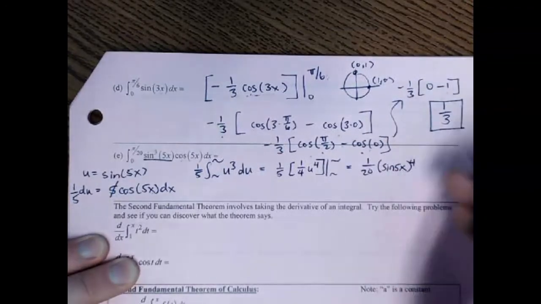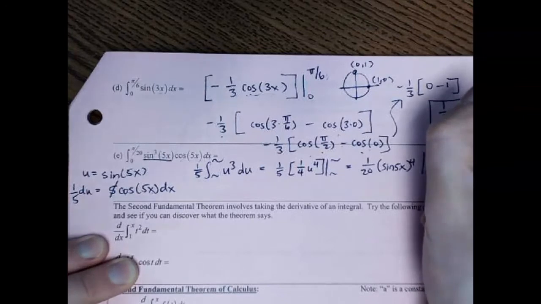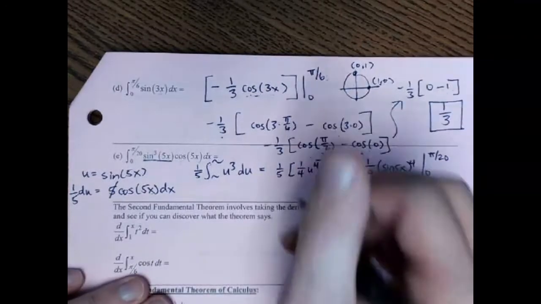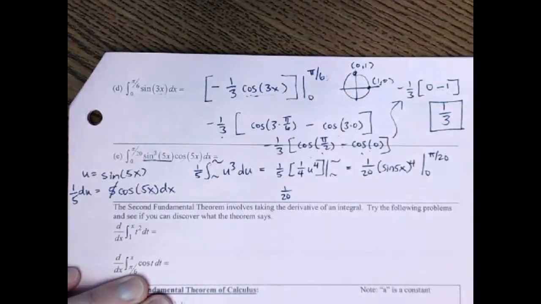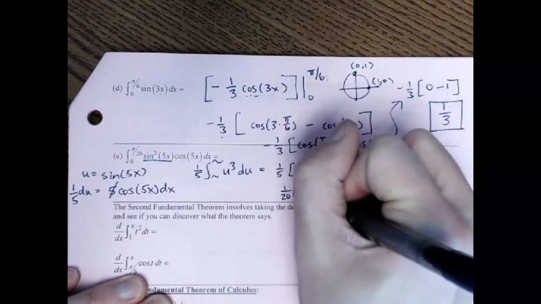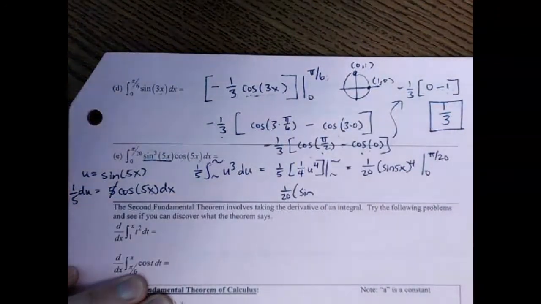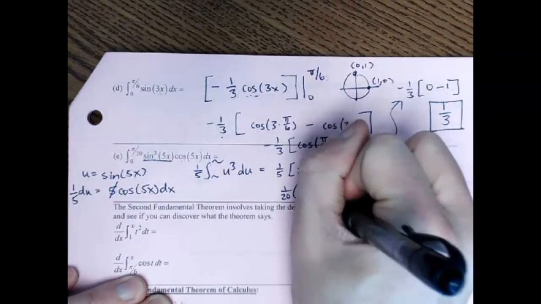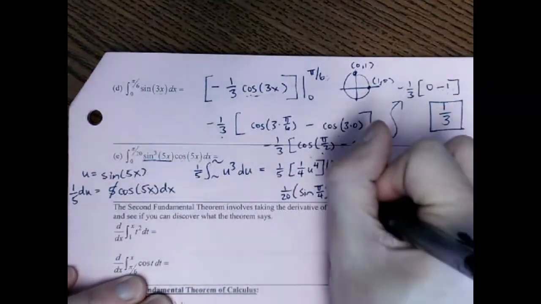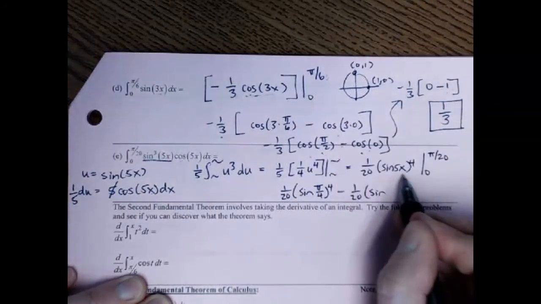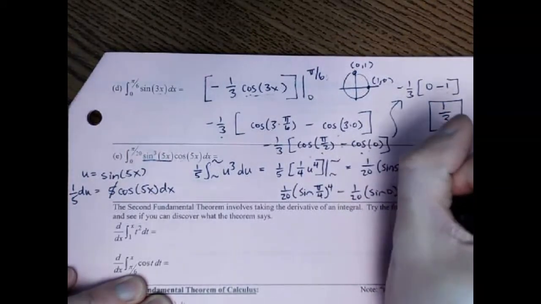Once I'm back to x's, then I would go back to having the x limits, 0 to pi/20, and then I would go through and I would evaluate. Here we go, we have the upper evaluation, so I've got 1/20 sine, let's see, 5 times pi/20, so it'd be 5 pi/20, that's pi/4. So sine of pi/4 to the 4th power minus 1/20 sine, 5 times 0 is 0, that's really lovely, to the 4th power.